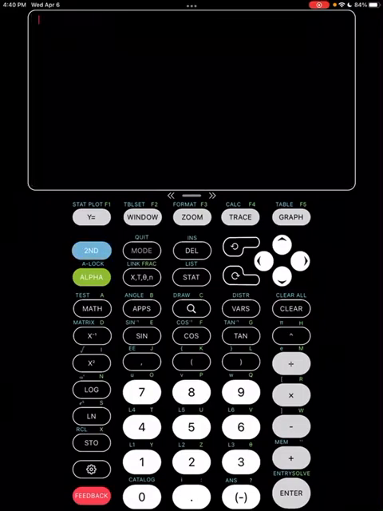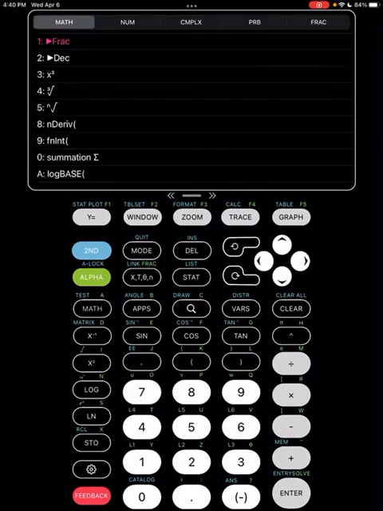And the problem was log a base. And so if you click on the math button, okay, and you scroll to capital A, so you see the log base right there. If you scroll up, it will automatically highlight log base.